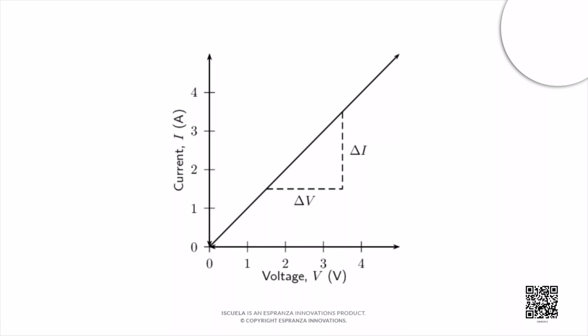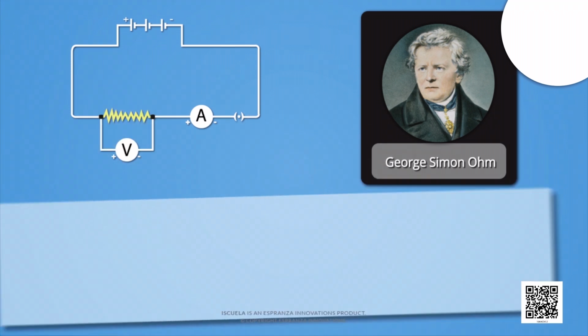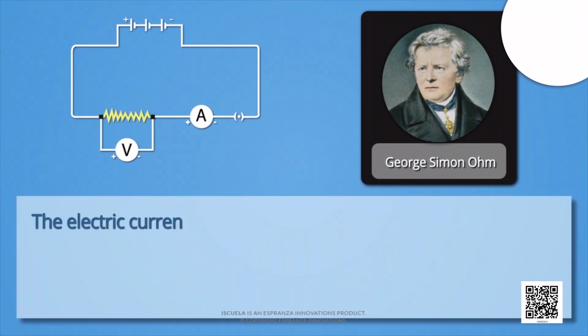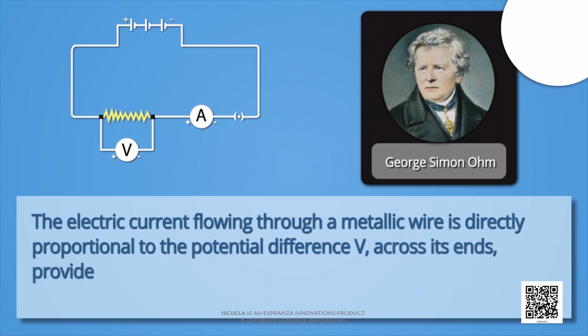Children, in 1827, a German physicist, Georg Simon Ohm, found the relationship between the current I flowing in a metallic wire and the potential difference across its terminals. He stated that the electric current flowing through a metallic wire is directly proportional to the potential difference V across its ends, provided its temperature remains the same.